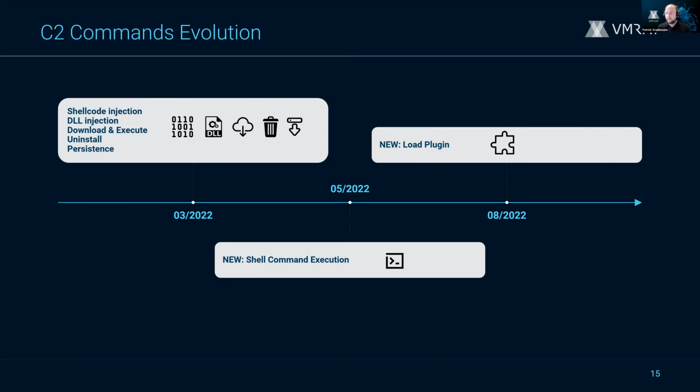In May 2022, when they started to add evasion techniques, they added a new command for shell command execution, which leads to that point where Bumblebee also moved from acting as a pure loader into also acting a bit as a bot, because in the end, executing shell commands could be used for everything. You can execute arbitrary commands there. So it's actually starting to act as a bot as well. And in August 2022, which is pretty much unrelated to the updates of additional evasion techniques, they added a new command for loading additional plugins.